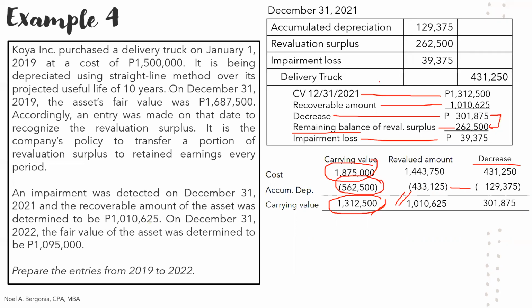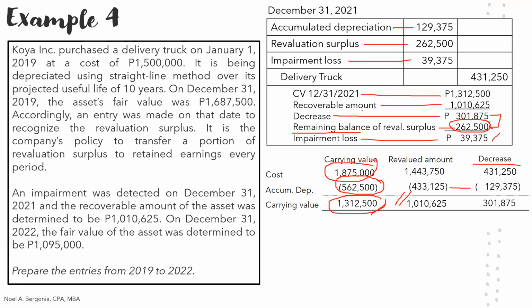So, to complete the entry, yung decrease sa accumulated depreciation will be debited to the accumulated depreciation, 129,375. Then remember that the remaining balance of the revaluation surplus should be reversed. So kaya tayo nag-debit ng 262,500. Then the impairment loss to be recognized was amounting to 39,375. So ito po yung na-compute natin.